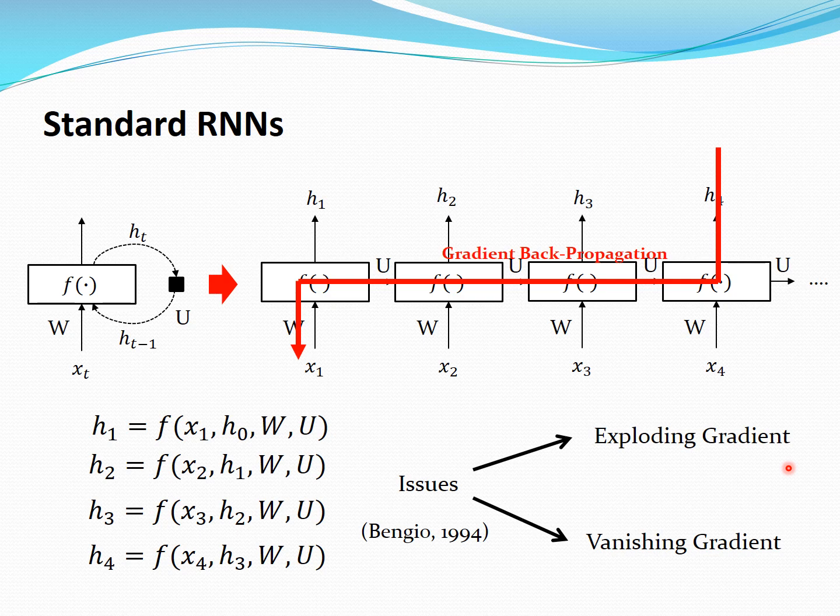But the other big problem is that we may have vanishing gradients when we backpropagate our gradient through a lot of time steps. So the gradient becomes very, very small, and this is very bad because it hinders learning long-term dependencies, which are actually very important in many applications.